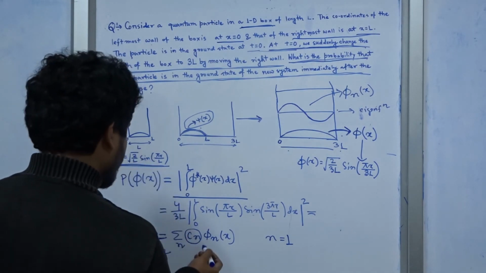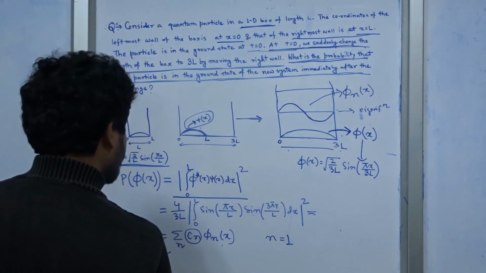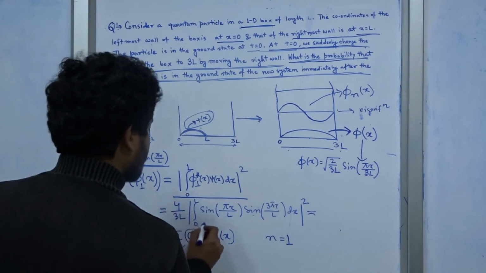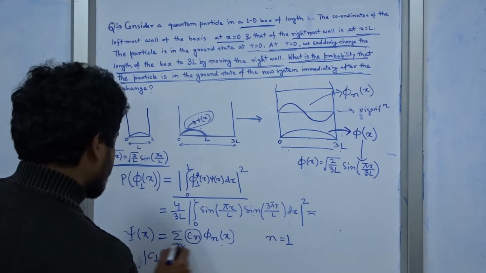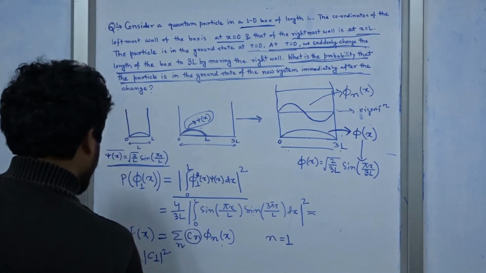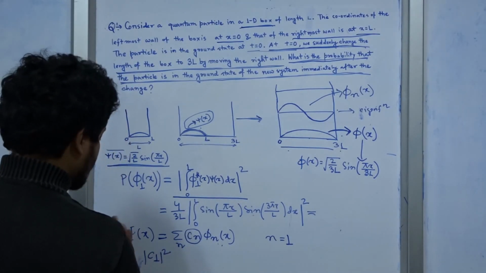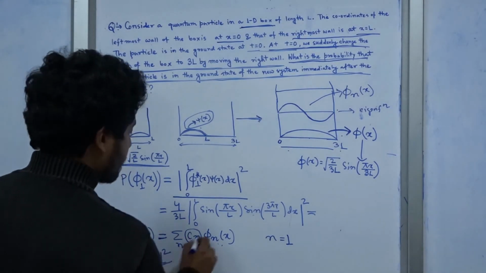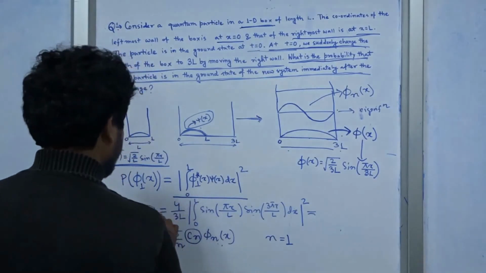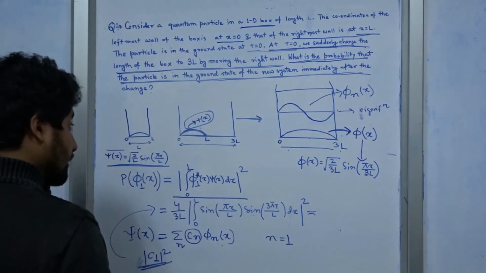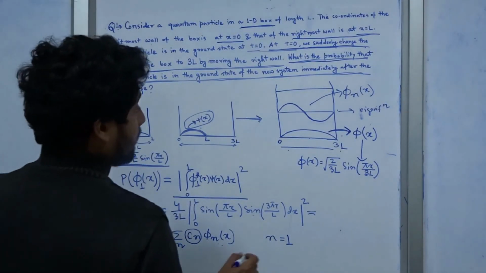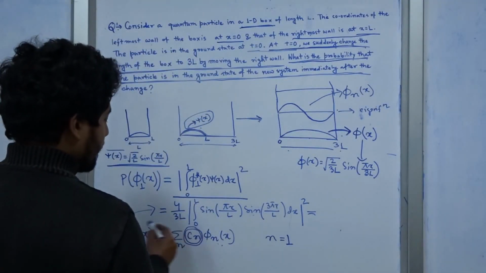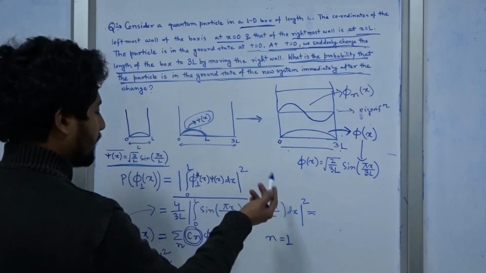So for that, what I have done is I just took that phi 1 multiplied by that phi 1 x in this side and took the mod square, and from that I am calculating C1 square. So this is nothing but finding this coefficient at the end of the day, which I am writing in this fashion.